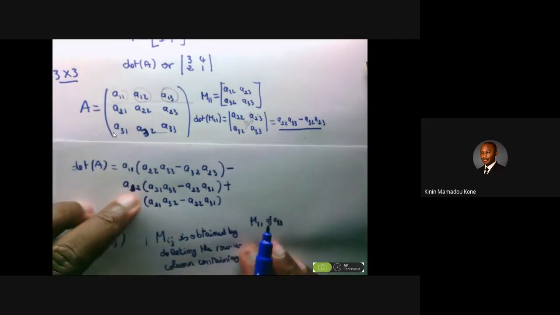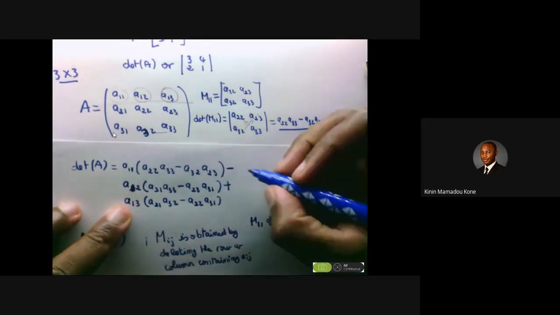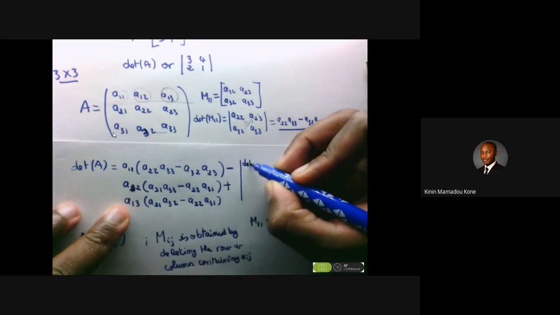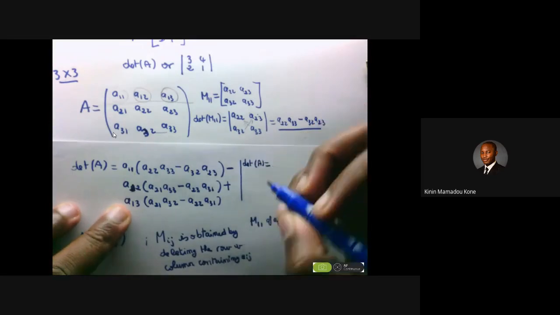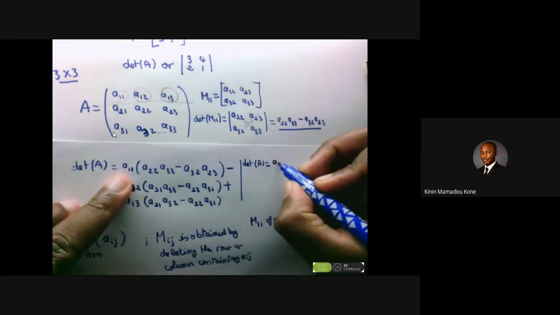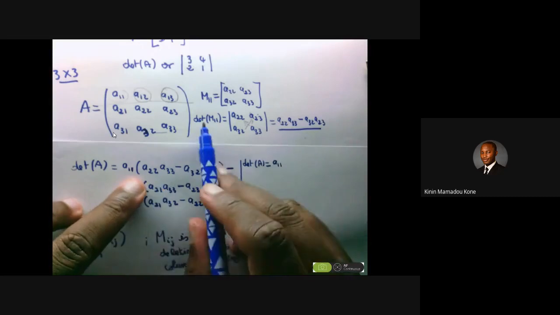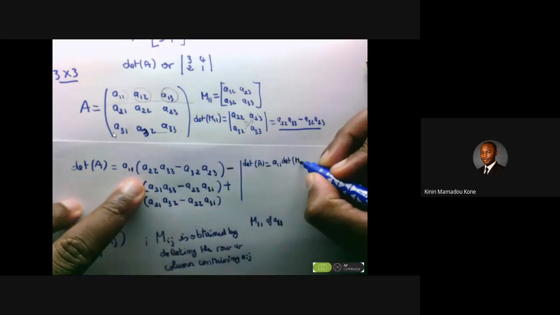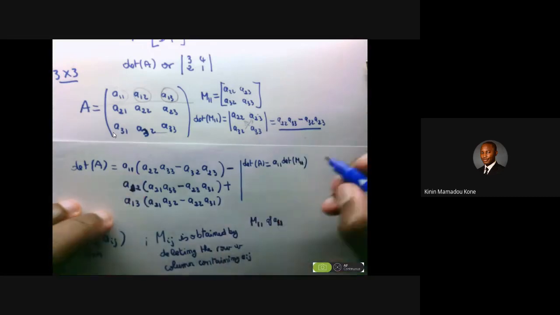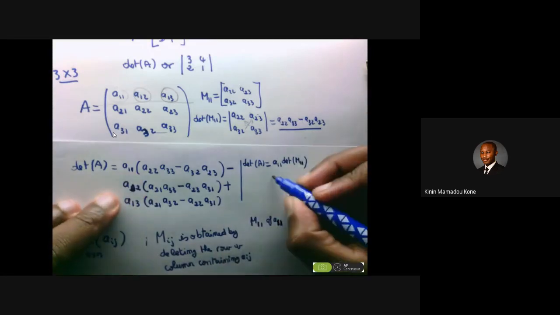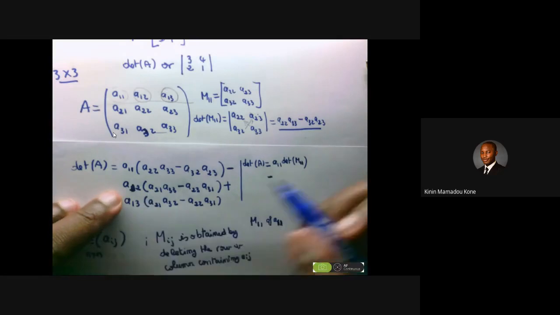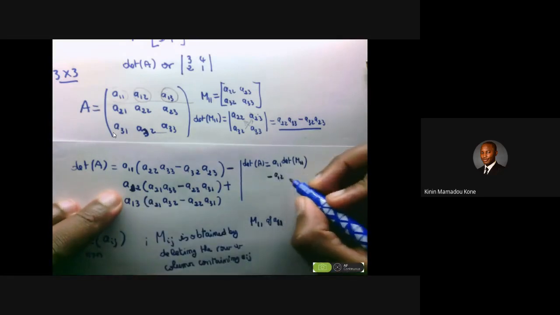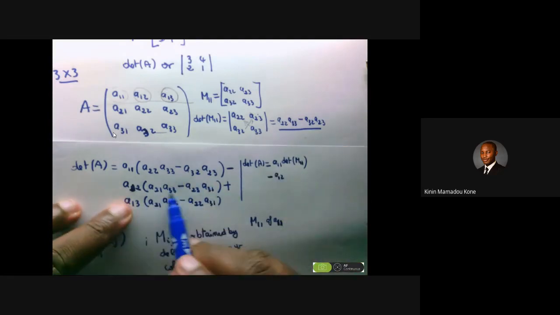So the determinant of A equals A11 multiplied by the determinant of M11, minus, let me write the minus sign, A12. Now, what is that value over here?